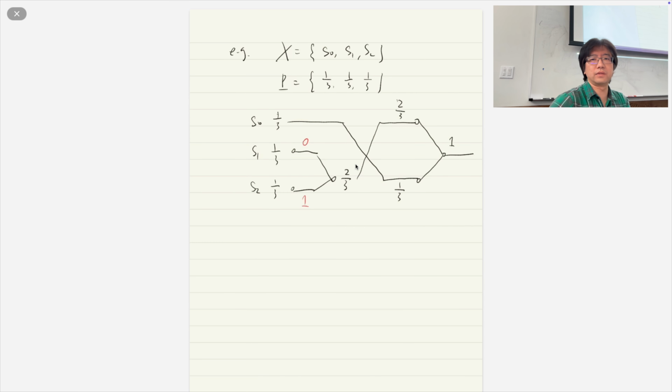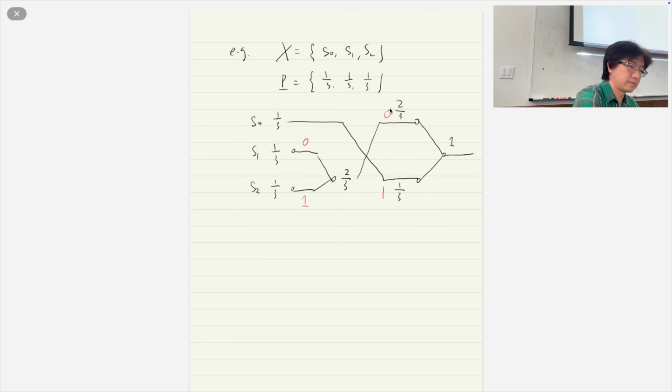This is the second branch, so now we can see this is up and this is down. Here we assign 0, and assign this one 1, and then we're done. So what is the code here? For example, for this one, it will be this one and this one.